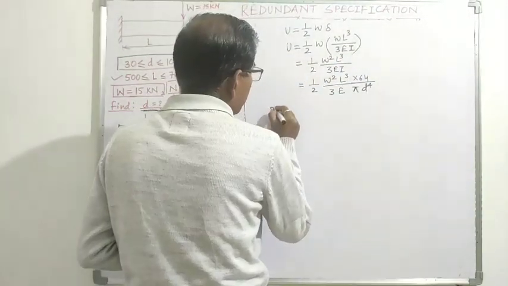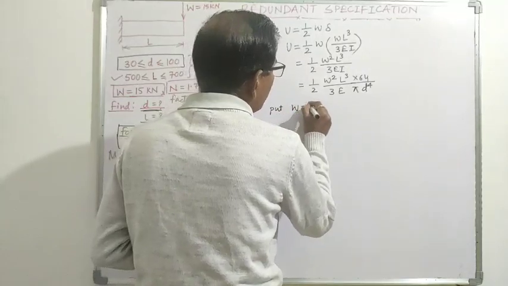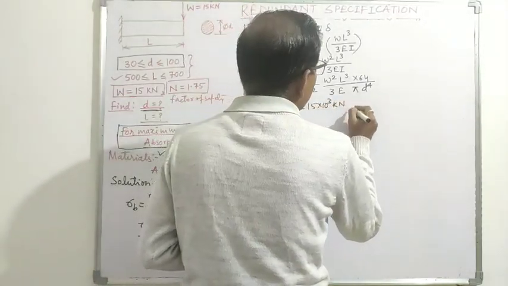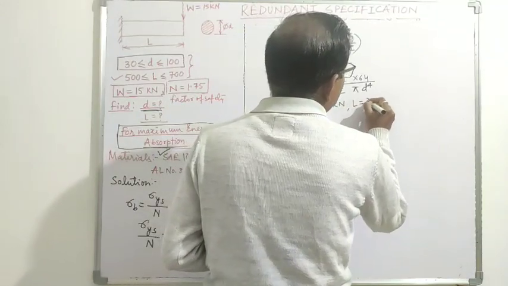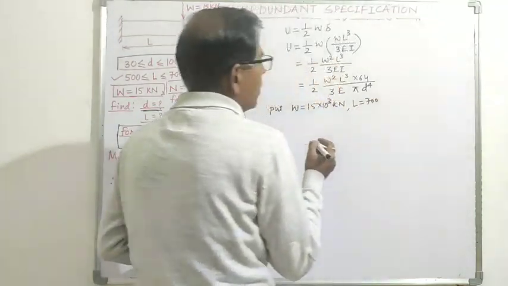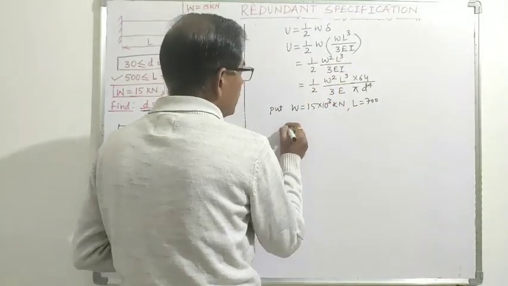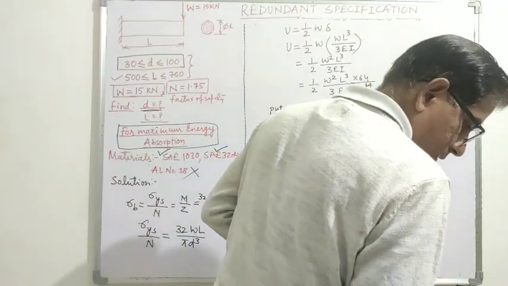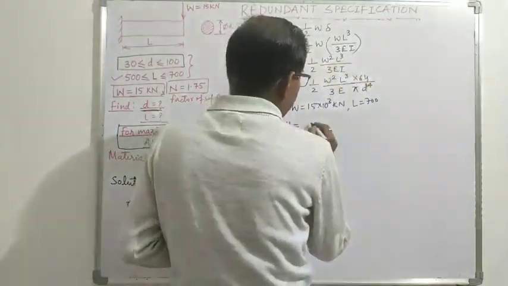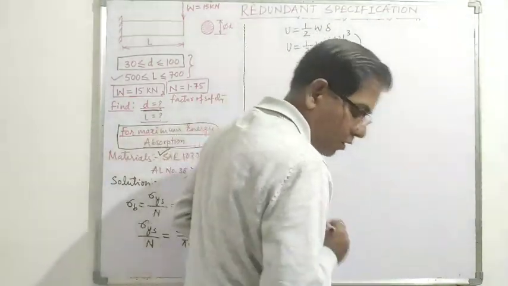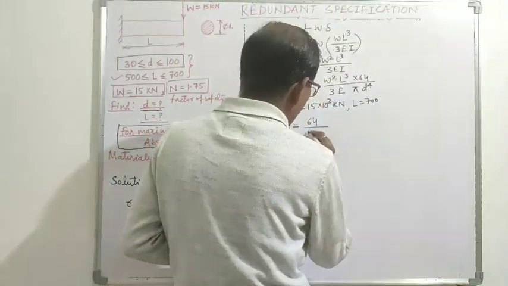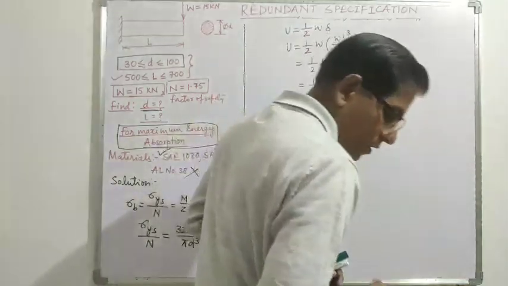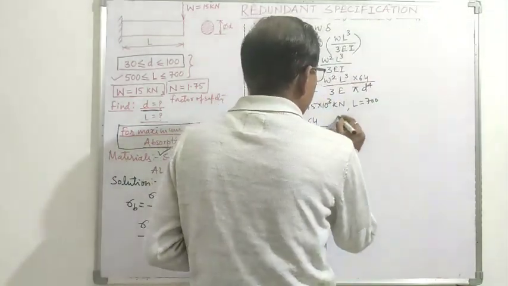Now put W equal to 15 × 10^3 newton and L as 700 mm. So this equation is reduced to 64/(2 × 3 × π) times W²L³ times 1/(E d^4). These are the constants.